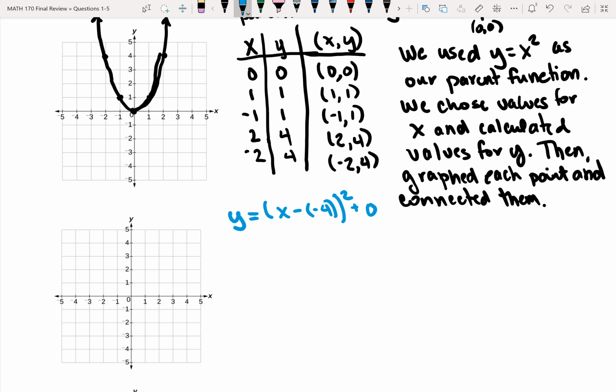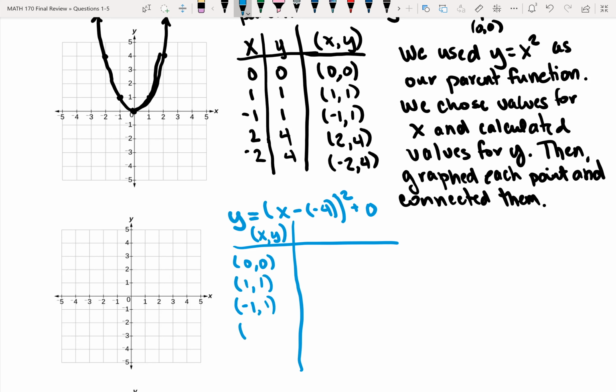So if we start with our x points from before, right? If I just recopy all of this, I have 0, 0, 1, 1, -1, 1, 2, 4, and -2, 4.